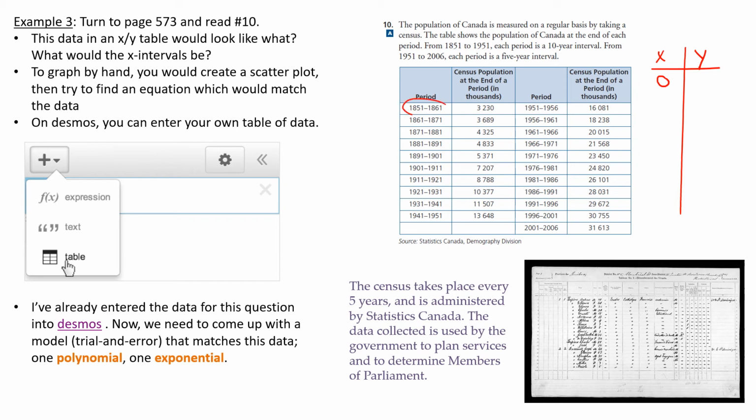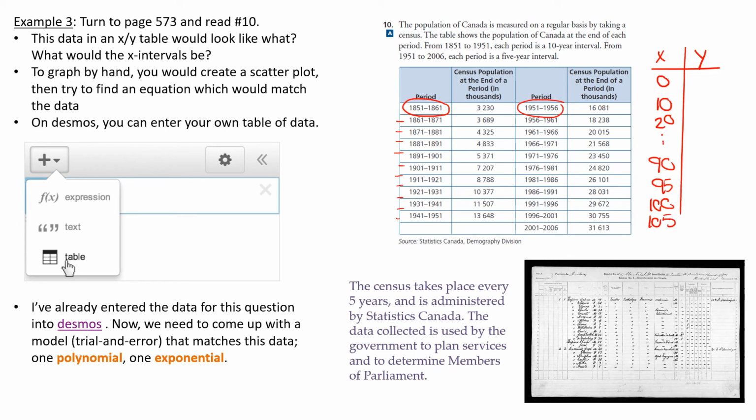This is my time 0, and then after that I would go to 10 because 10 years later, and 20, and so on. And I would do that all the way up. So these are all 10-year intervals all the way down here. Then I get to 90, and then it switches up here. This would become a 95, and then a 100, a 105, and so on.